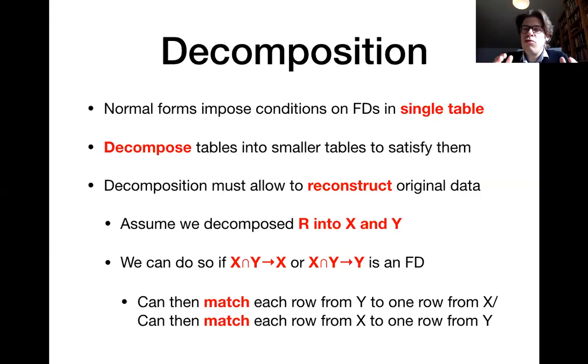If I have a relation R, which is at the same time a set of attributes, and I decompose R into two relations X and Y, where X and Y are the attribute sets of the new relations, then in order for this decomposition to be lossless, I must guarantee that if I do a natural join between X and Y, I get back the original content of the relation R. That is the case if one of the two conditions at the bottom of the slide is satisfied.